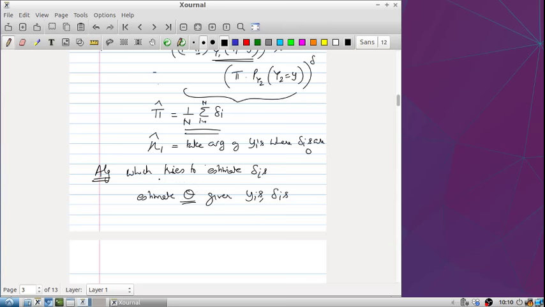And how do we estimate delta i's? Let me estimate delta i's given yi's and theta. What do I know? The yi's are anyway given. That's my data. I can always use it.